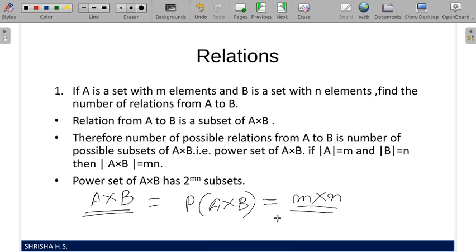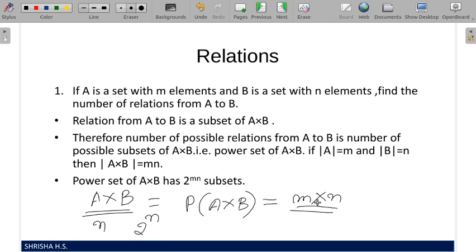We have seen this in our previous video. So what is a power set? How to calculate a power set? If we have n elements in a set, then 2 to the power of n elements will be in the power set.